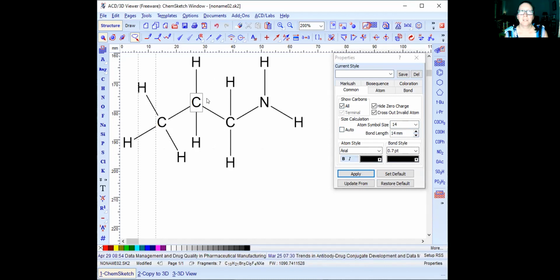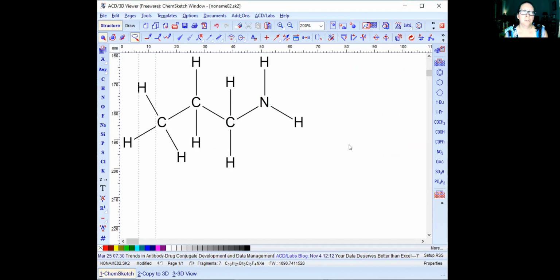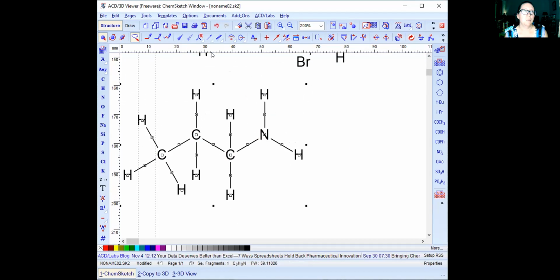It has 3 carbons in its backbone, and then it has a nitrogen. And then it's suggesting that we consider another arrangement of these same atoms.